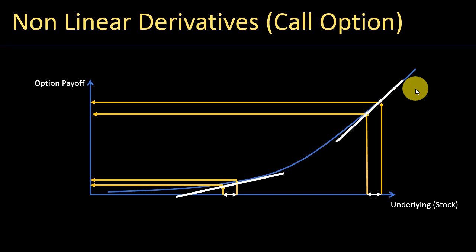An FX forward with a shorter maturity will behave as a linear derivative with respect to the spot price, but an FX forward with a longer maturity will not. So when you talk about linear and nonlinear relationships, it's quite important to understand the derivatives and how each risk factor can affect the value of a derivative.